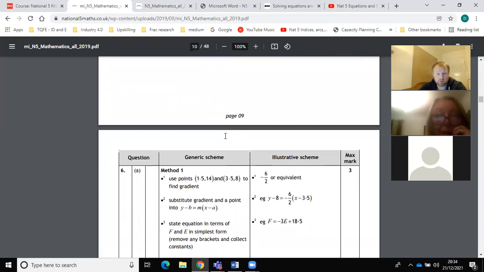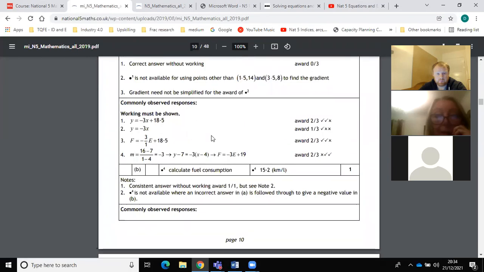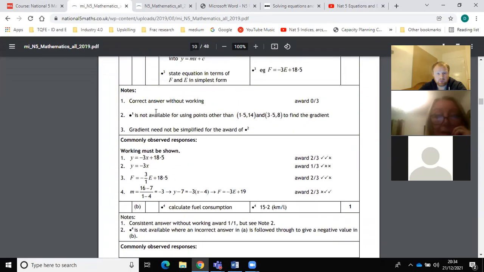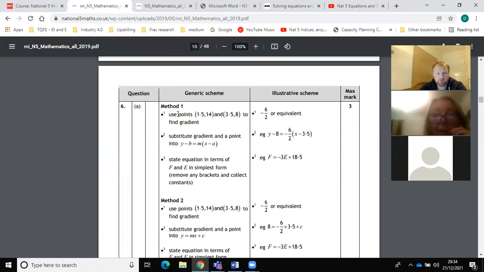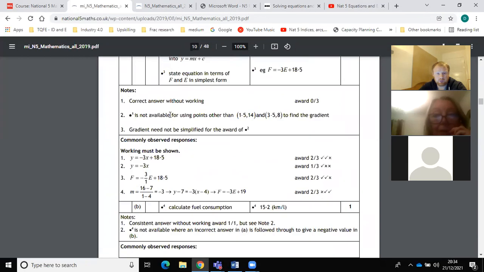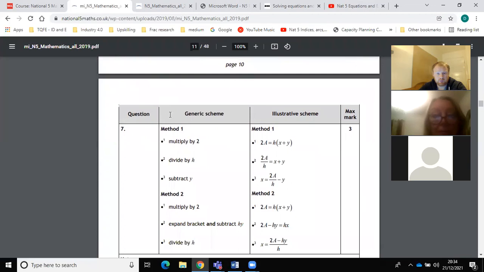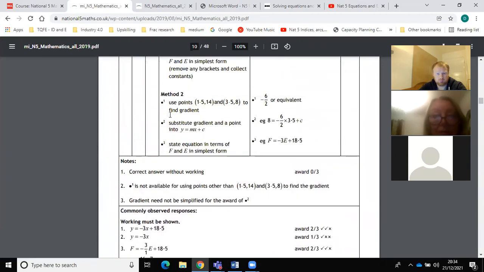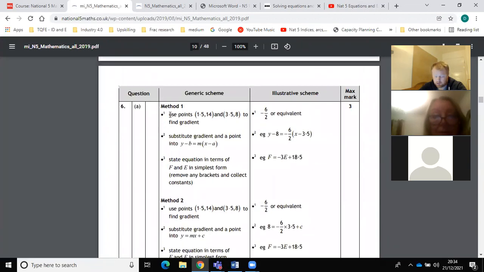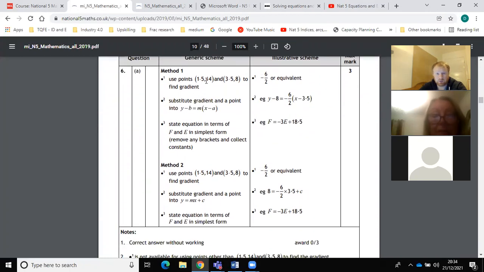What was I looking at? There, 7. Is it question 6? Question 6, sorry. Question 6. Okay, so there's your 2 coordinates. That's them working out the gradient.